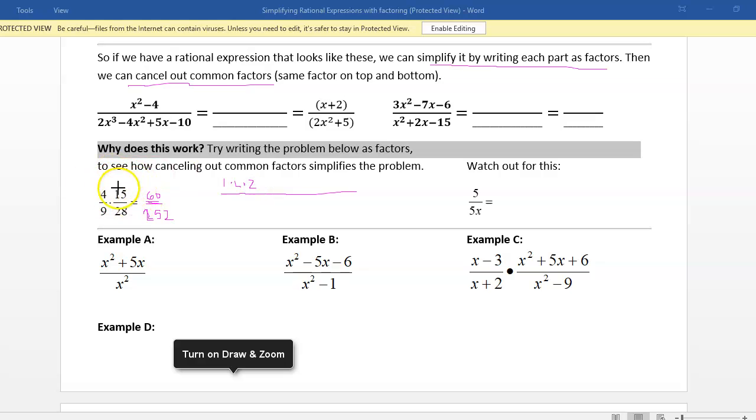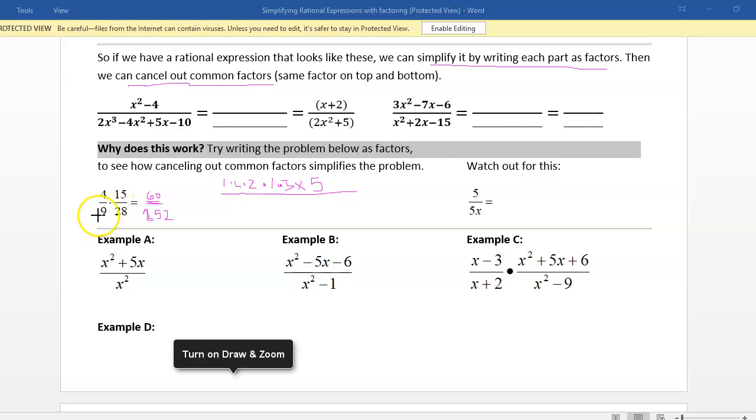If I look at the numerator of the other fraction, 15, and write all the factors, that's 1 times 3 times 5.